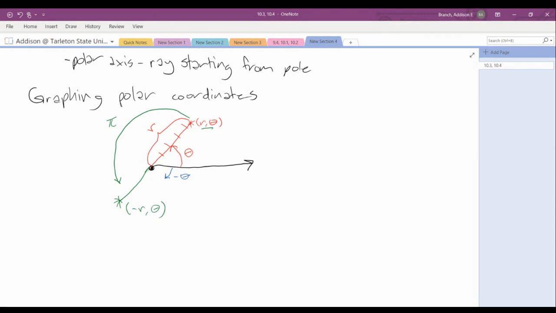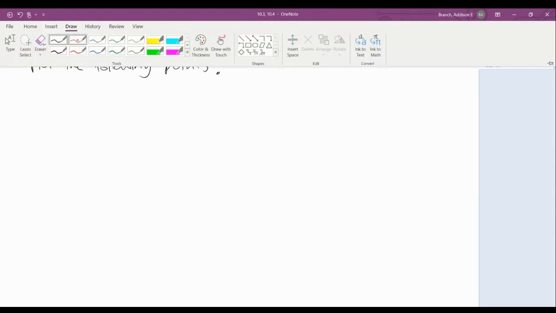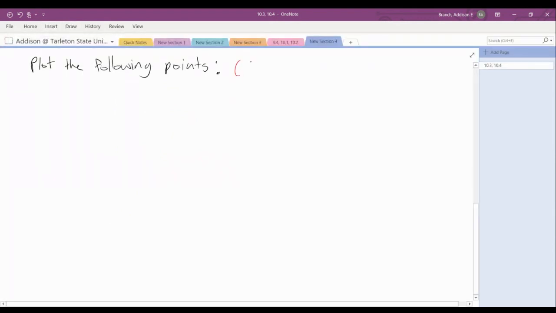So now let's go ahead and try plotting some points. Our first one that we can plot is going to be (2, 5 pi over 6).